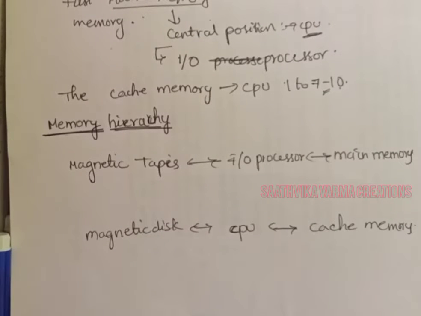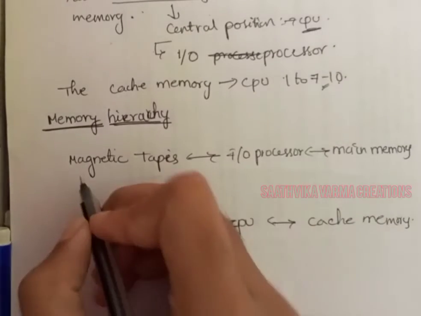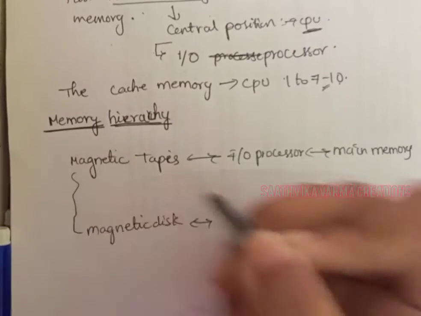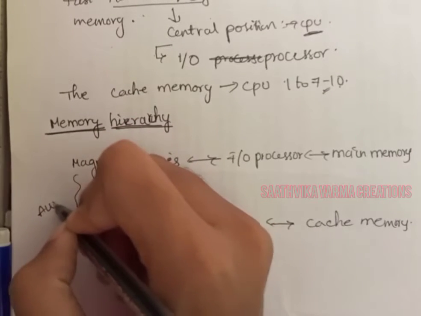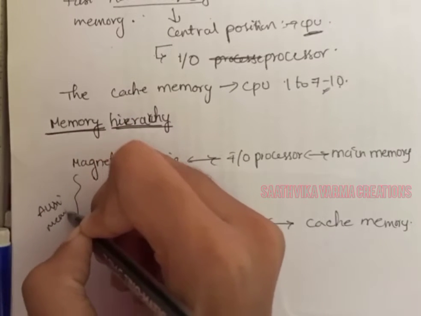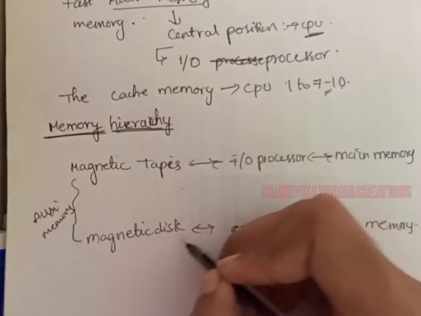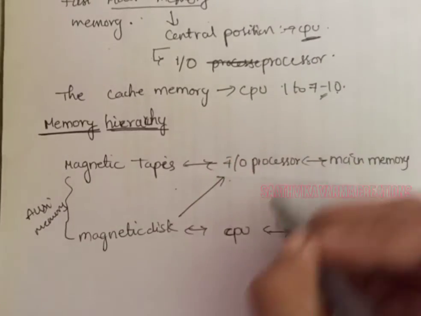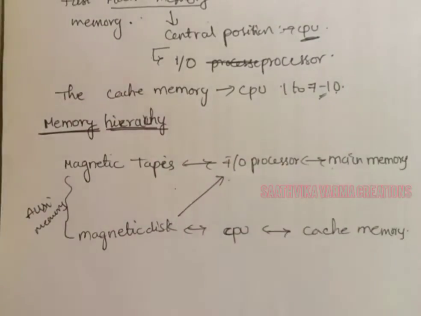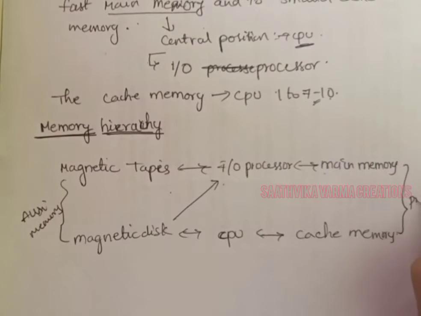And this is the flowchart representation. The magnetic tapes and magnetic disk come under auxiliary memory, whereas the main memory and cache memory come under primary memory.